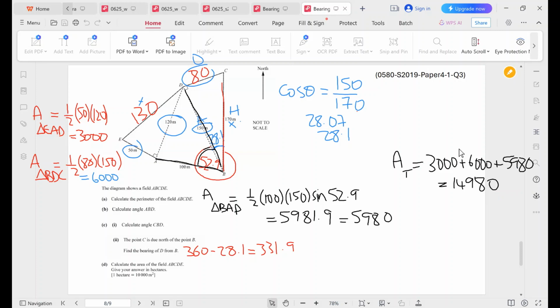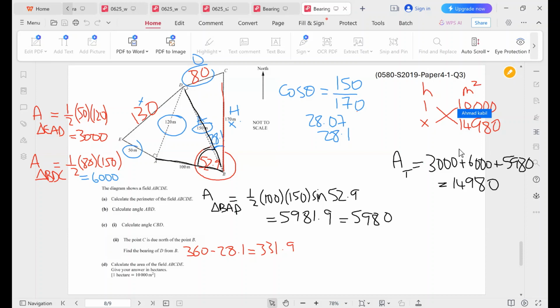We don't necessarily know what a hectare is. We just use the scale that they gave us. So hectare to meter squared. This is a ratio problem. This is 1, this is 10,000. Our answer is in meters squared, and we want the answer in hectares. We cross multiply.